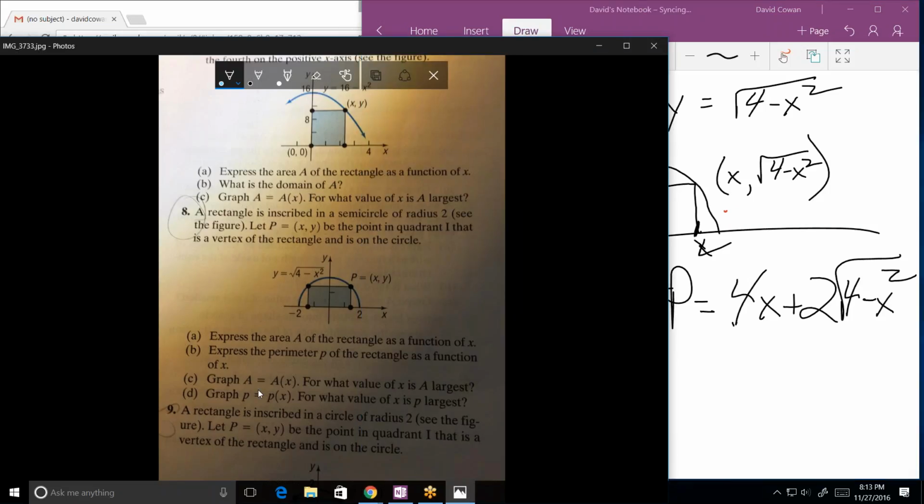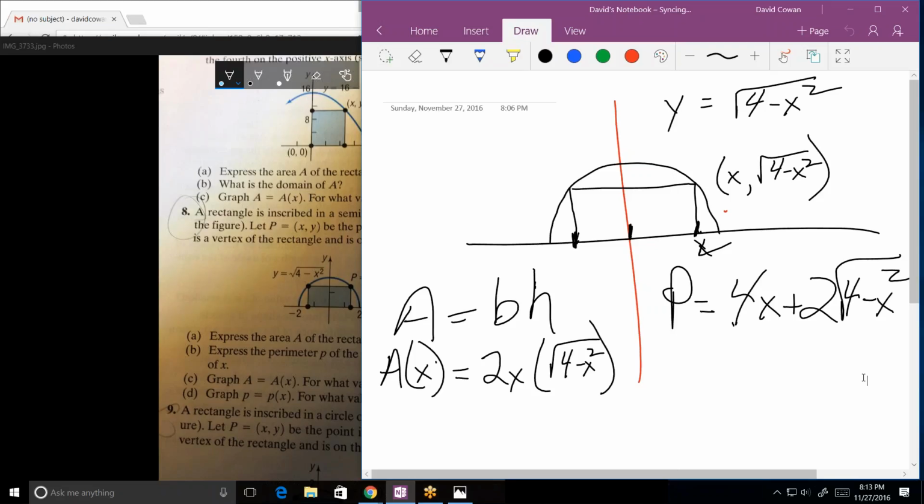C, graph A of x. For what value of x is A the largest? Well, I assume that they're going to let you use your calculator here, because we don't know how to graph that otherwise.